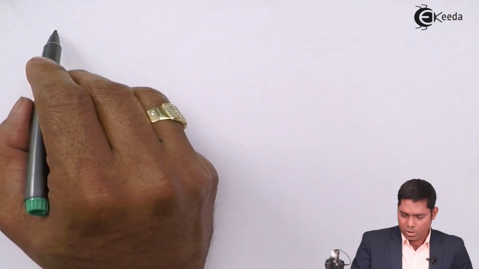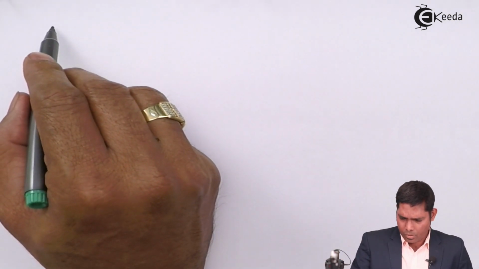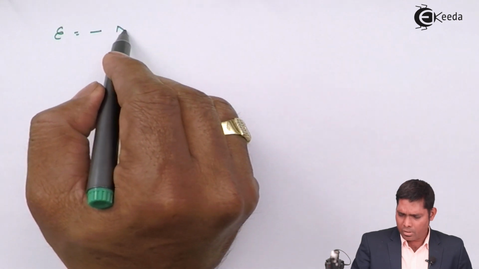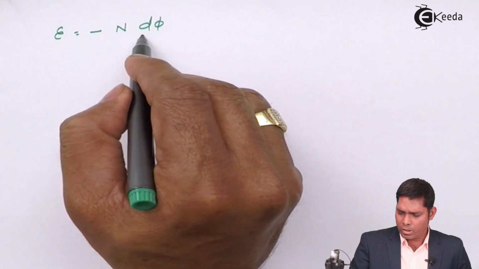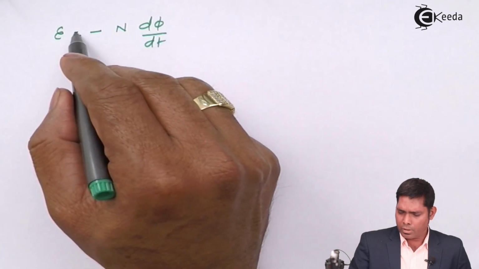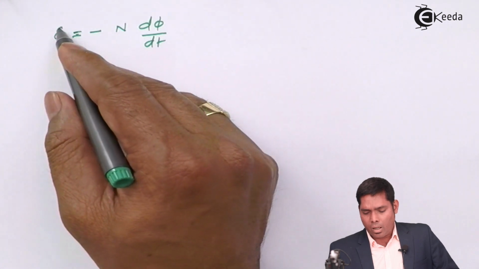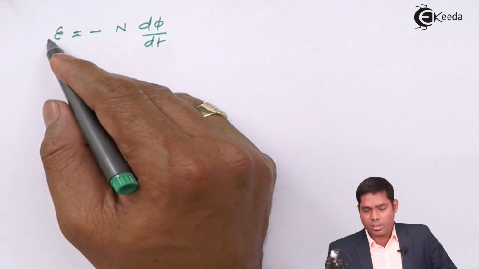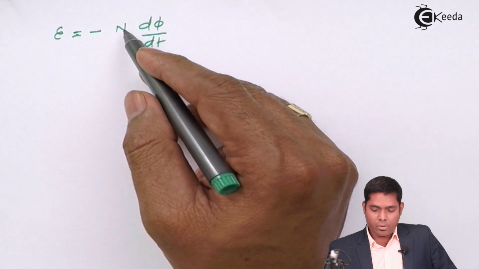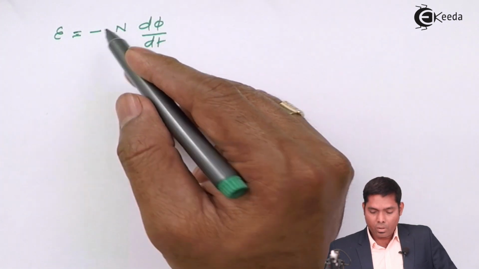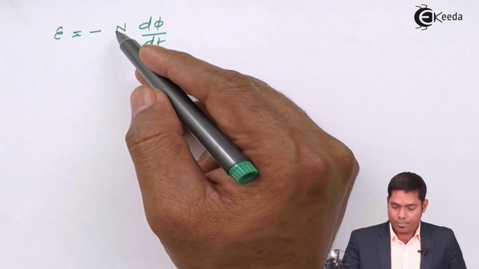So let me write that the EMF induced equals minus N d phi over dt. The epsilon symbol stands for the induced EMF, and N is the number of turns of the coil.